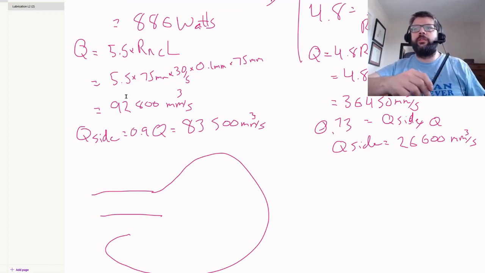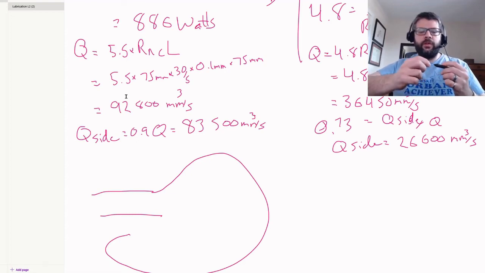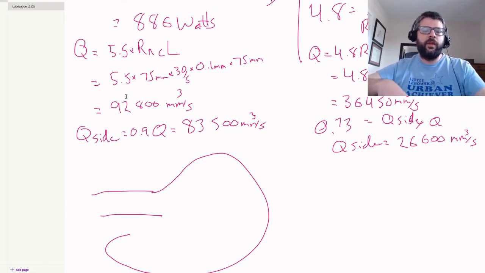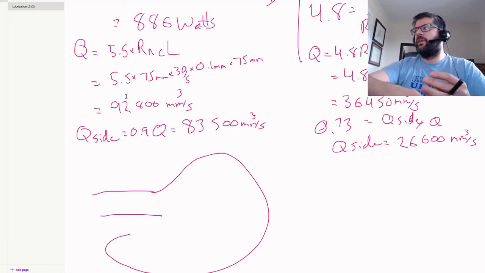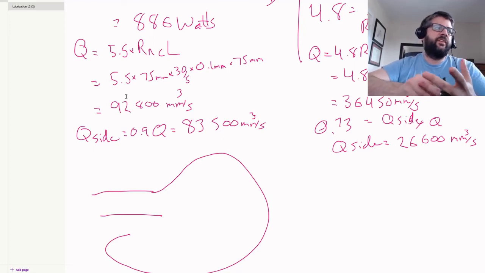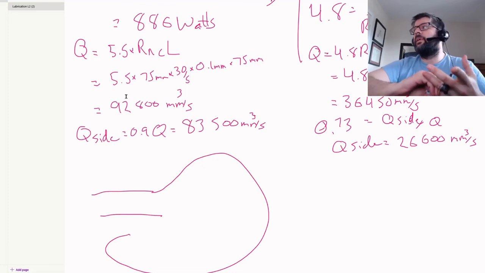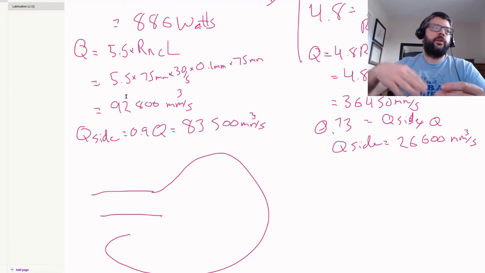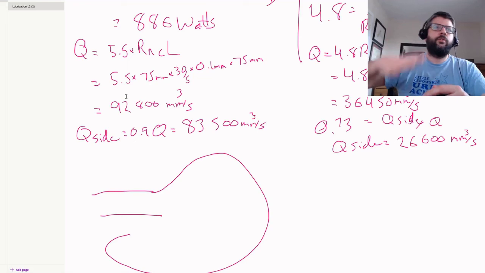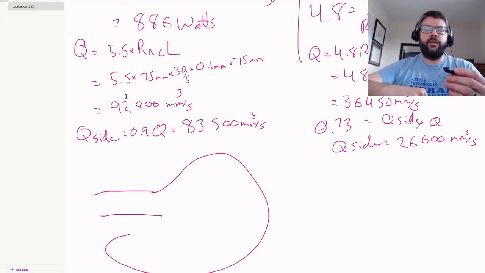So we know how much heat's generated. All the heat that's generated needs to go into heating that oil, and then that same amount needs to cool down so that everything gets back to steady state.